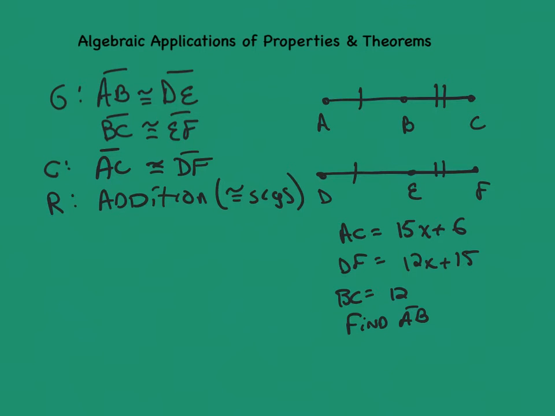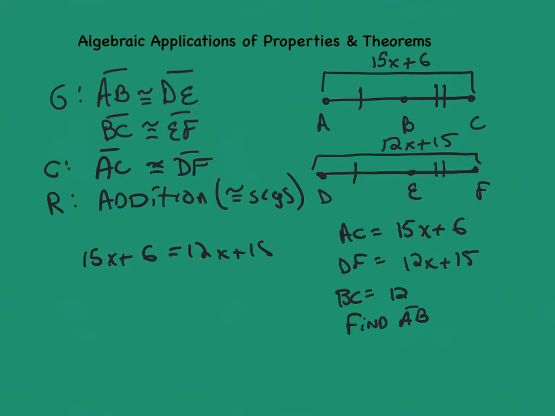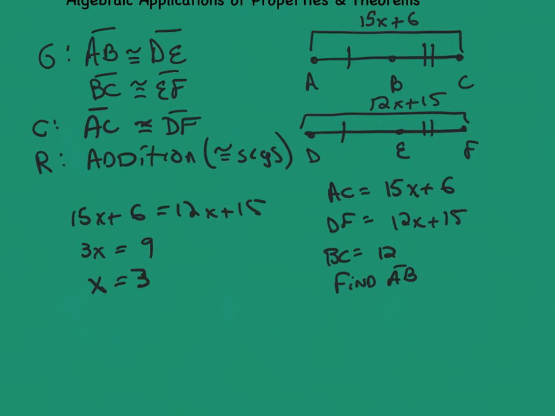So how can we use that information to solve for AB? Once again, let's mark up the diagram. We know that AC is 15x plus 6, and DF, they tell us, is 12x plus 15. Since we concluded that those two segments are congruent, we can set them equal to each other and solve. When you do that, you see that x equals 3.